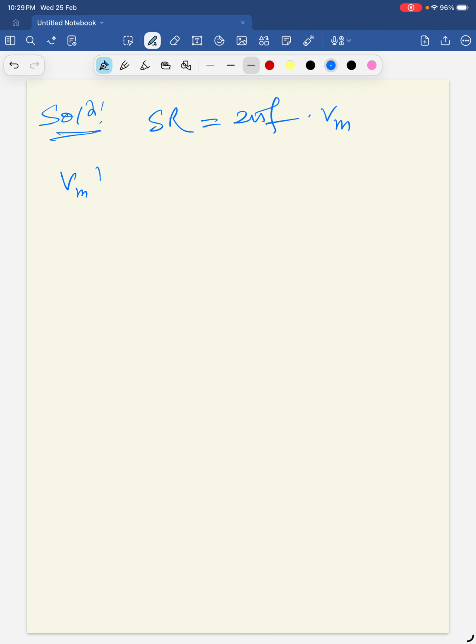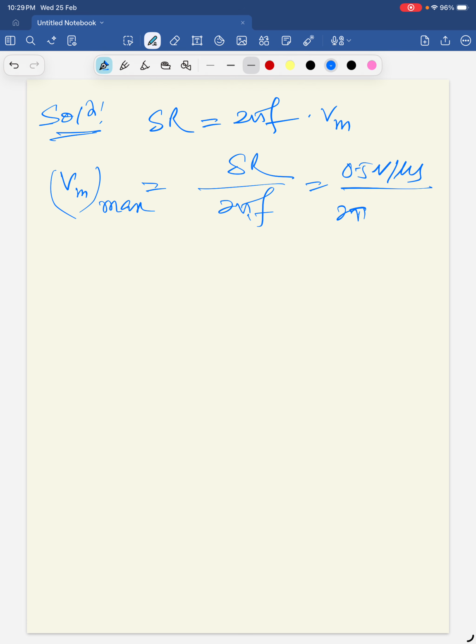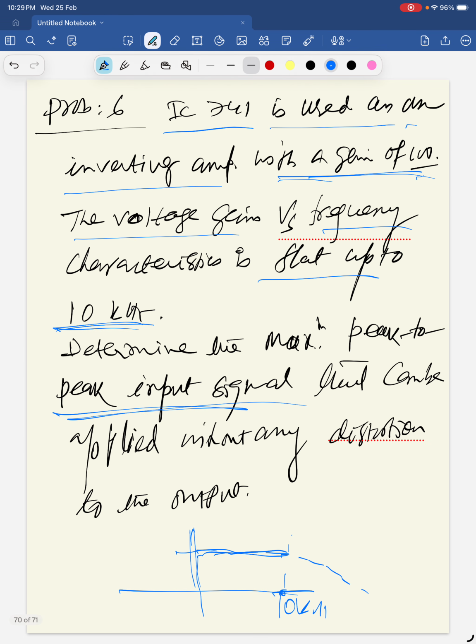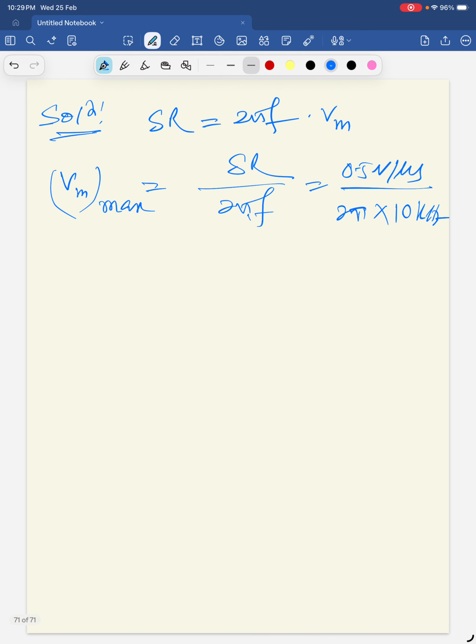Now Vm is called the maximum, V max. V max is equal to slew rate by twice pi F. What is slew rate? 0.5 volt per microsecond divided by 2 pi into frequency. Frequency given is 10 kilohertz, because up to 10 kilohertz there is no change. Up to 10 kilohertz flat.